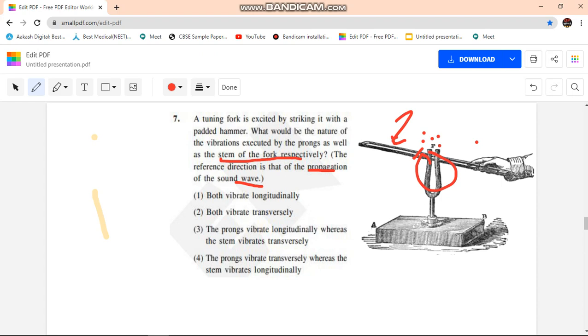This is the nature of the vibration of the fork, and the stem of this tuning fork and the vibration of the prongs, they will both produce vibrations of which type of nature? Longitudinal vibrations. So option number first, both vibrate longitudinally, is the correct option.